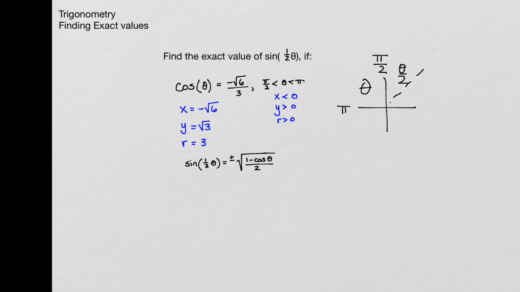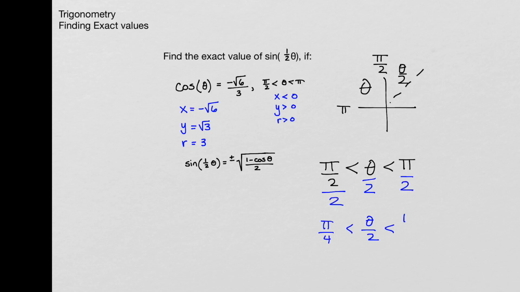And how do I know this? Well, if theta is between pi over 2 and pi, I want to know where half of theta is. I'm just dividing everything by 2, and that means that theta over 2 is between pi over 4 and pi over 2. And so that's the second half of quadrant 1.